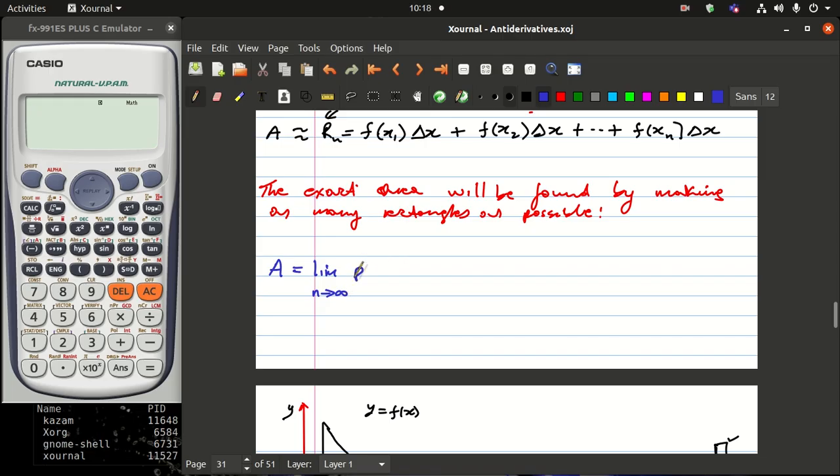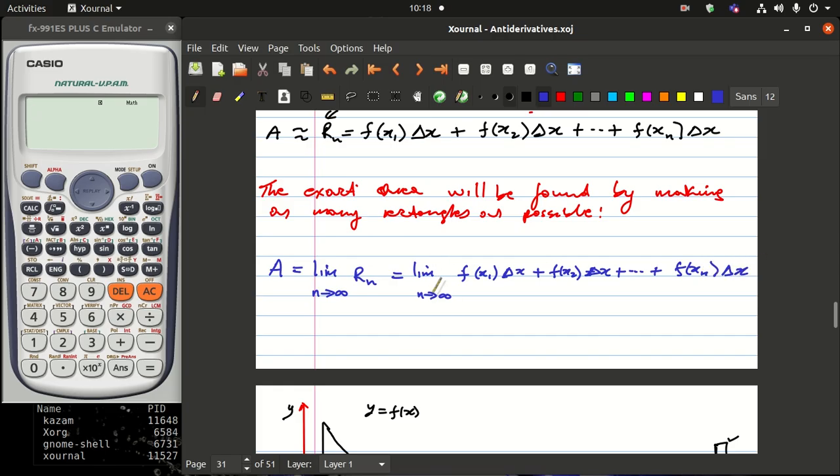And then we have this Rn, or simply put, it is the limit as n approaches infinity of f of x1 times delta x plus f of x2 times delta x plus and so on, up until you arrive at f of xn times delta x.